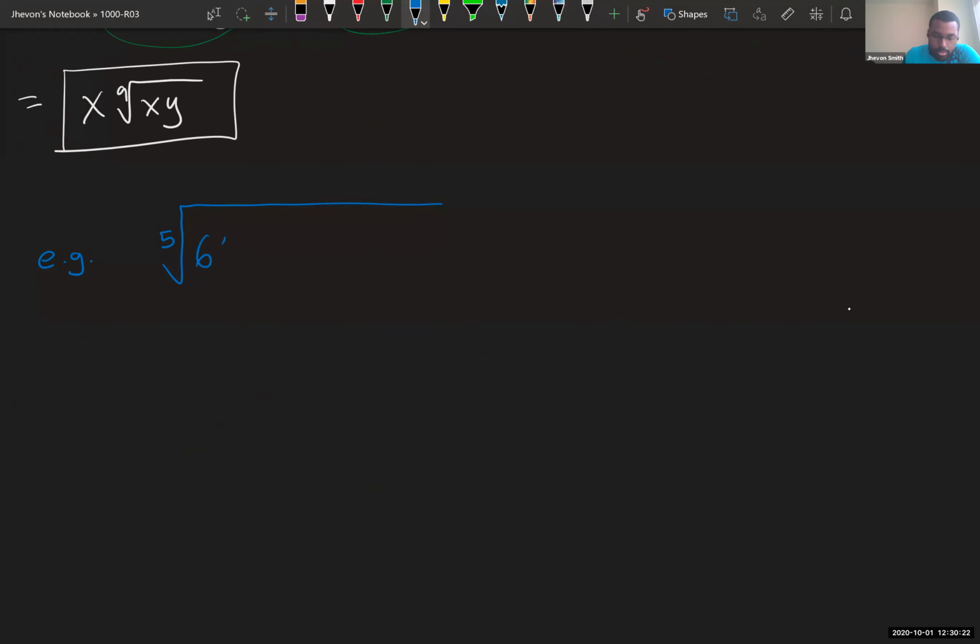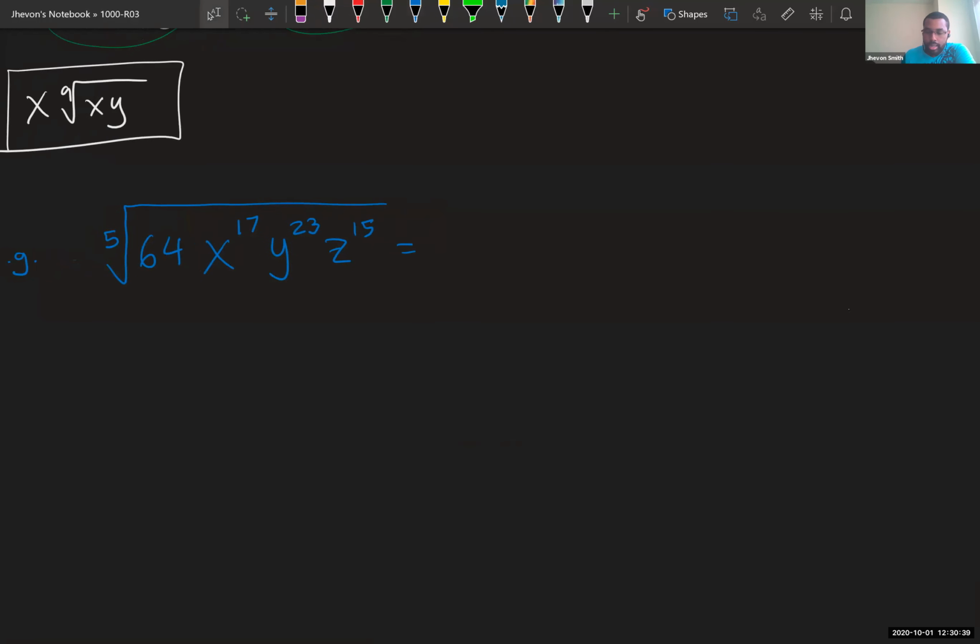Let's say 64 x to the 17 y to the 23 z to the 15. Okay, so remember how we'd go about simplifying that? Well, you immediately break it into 2 radicals. Over here, you're going to put factors that simplify. Factors that don't simplify.